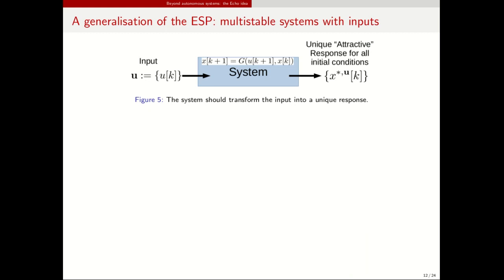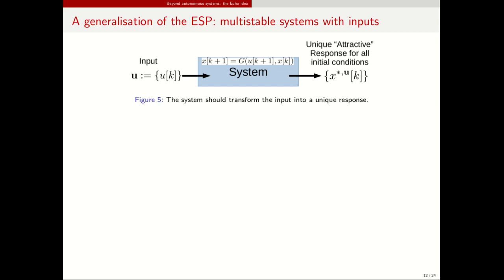The echo state property is obviously a request on the reliability of the system. We want one trajectory, and we want the system, regardless of the initial condition, to follow this particular trajectory.